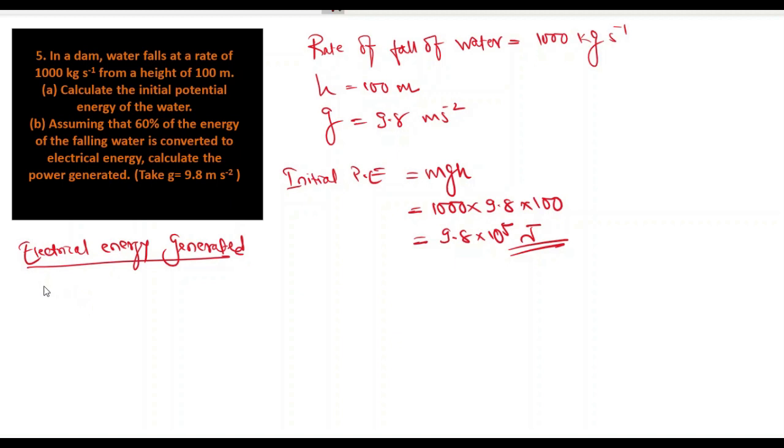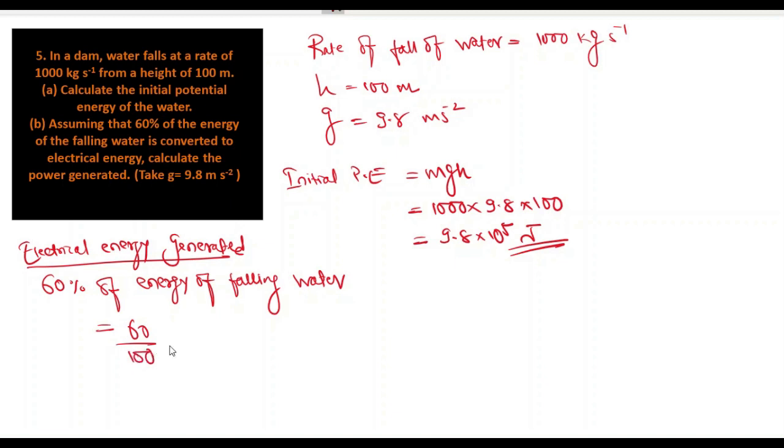Electrical energy generated will be 60% of energy of falling water. ठीक है, that is 60 upon 100 multiplied by 9.8 into 10 raised to 5. 0 0 कट और ये हो जाएगा 6 इंटू 9.8 इंटू 10 रेज टू 4 जूल. इतनी एनर्जी इलेक्ट्रिकल एनर्जी में कन्वर्ट हो जाएगा.